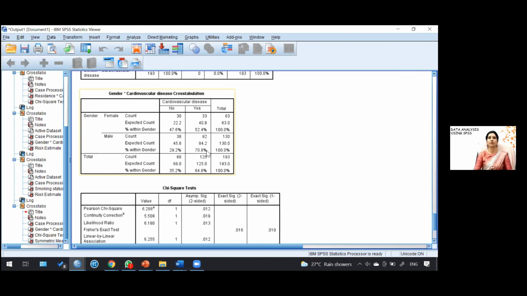Yes. So the count is the observed count, right? Which you have seen in the 2x2 table. The count is the actual frequency which your data shows. And I've said that expected count is the count calculated based on the null hypothesis. So the expected count is the count generated by SPSS assuming the null hypothesis that there is no association.